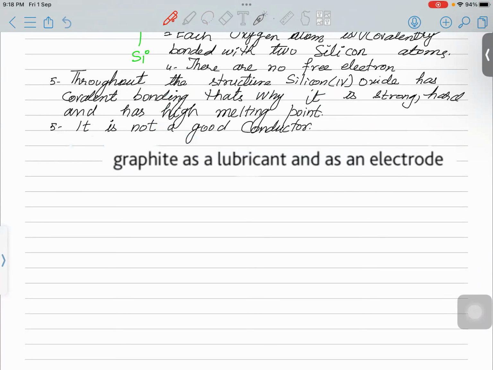The second point is graphite as a lubricant and as an electrode. Now say something about the lubricant. Why is graphite used as a lubricant?